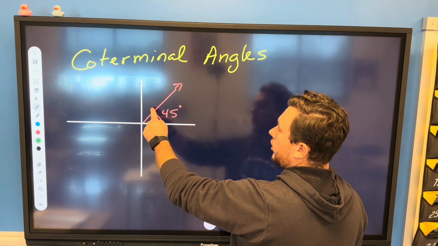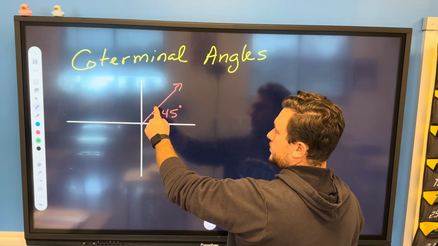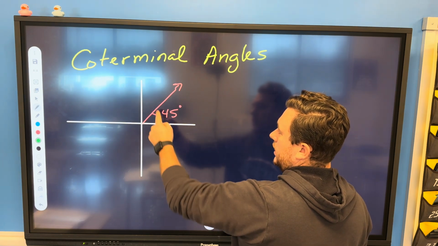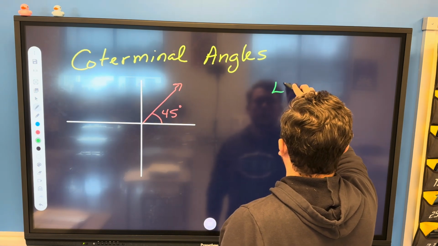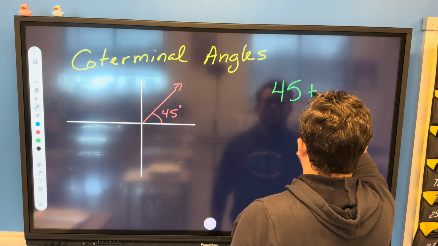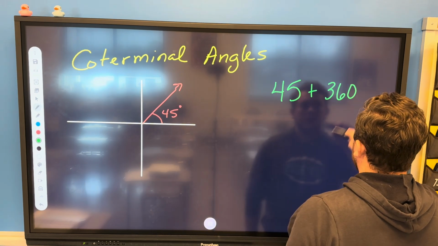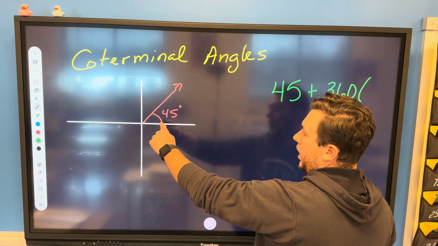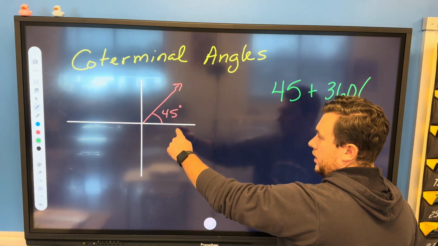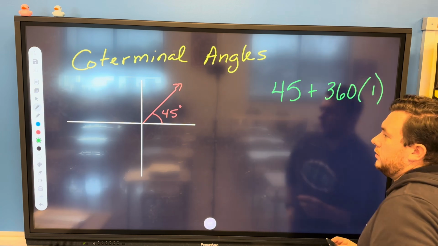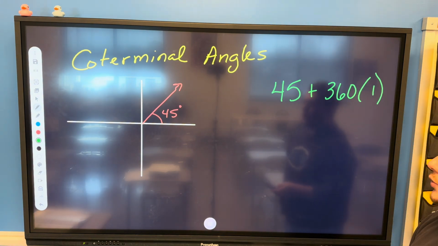We're going to start from this point and rotate another 360 degrees around the circle. So really we're starting at our point of 45 and we're adding to that 360 times 1, going in a positive direction, up and around. This will give us one of our coterminal angles.